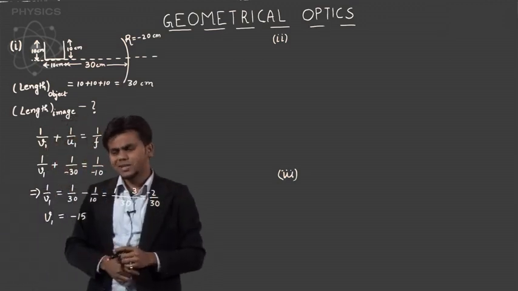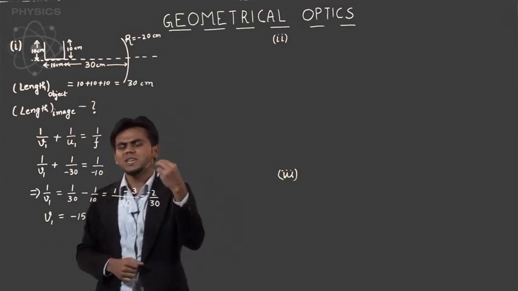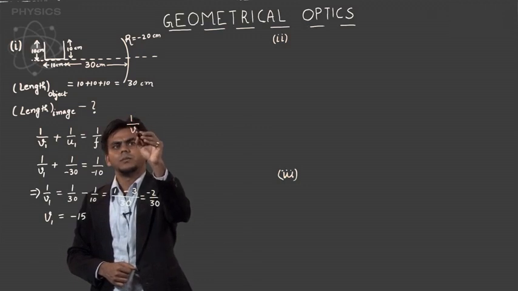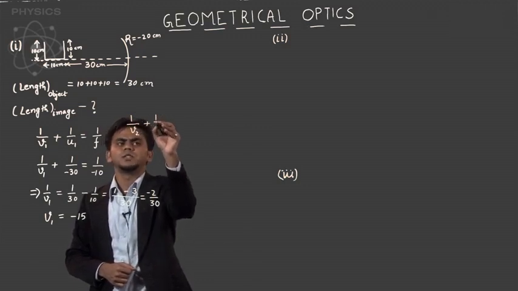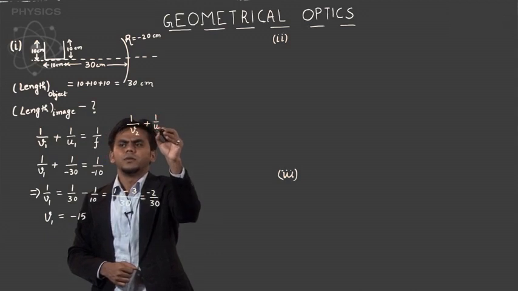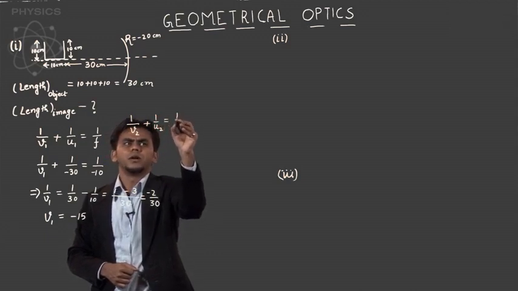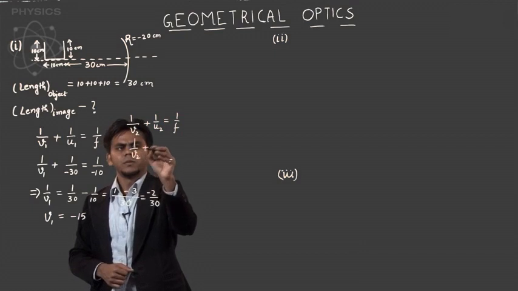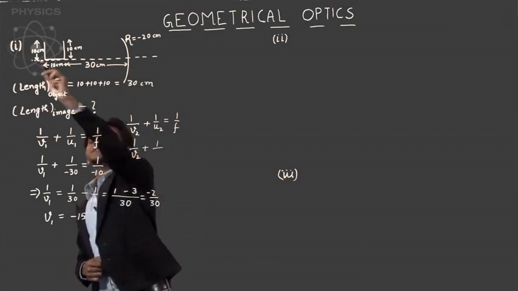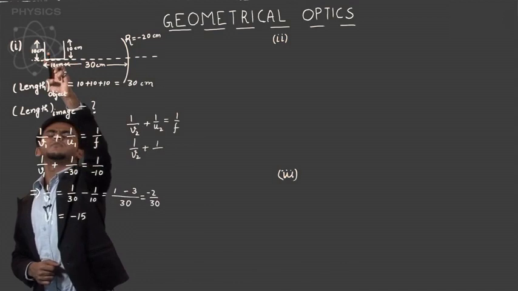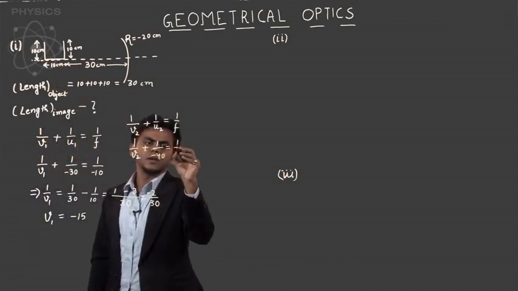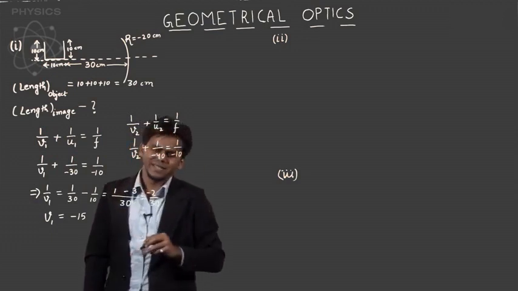What about V2? Let's use the same formula again. 1 by V2 plus 1 by U2 is equal to 1 by F. Put in the values: U2 is 40, from your Y, 30 till here and 10 more, so minus 40. It's 1 by minus 10.